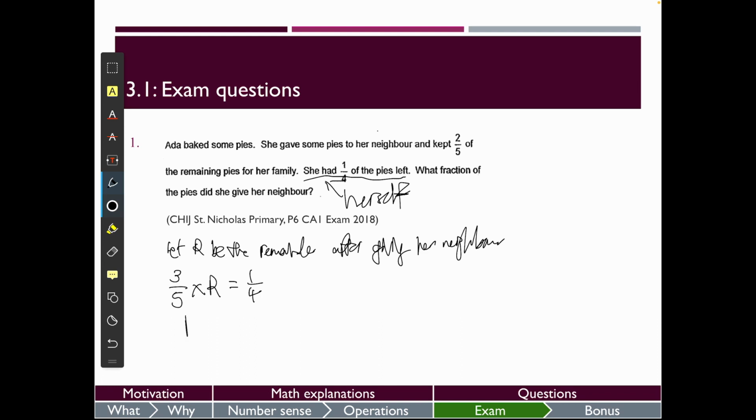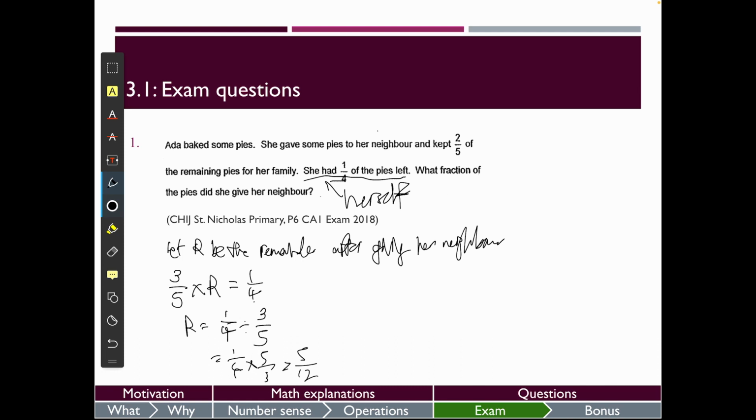So after giving her neighbor, she had, this is a divide, 5/12 left.